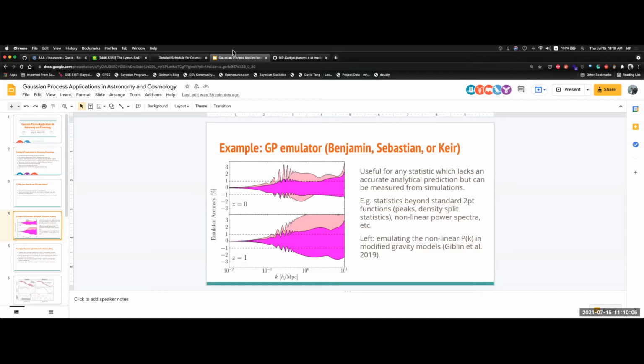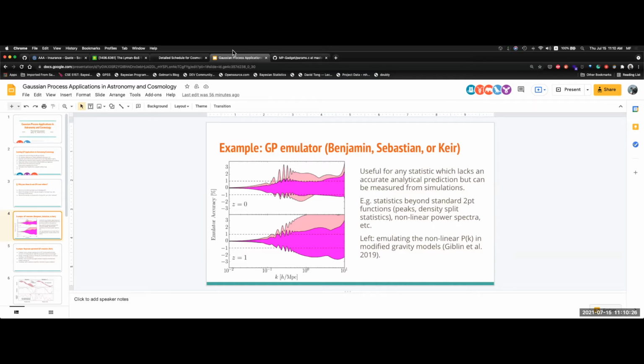On the left-hand side here, I'm showing a plot from a paper that we brought out a couple of years ago on emulating the nonlinear matter power spectra in general extensions to lambda CDM.